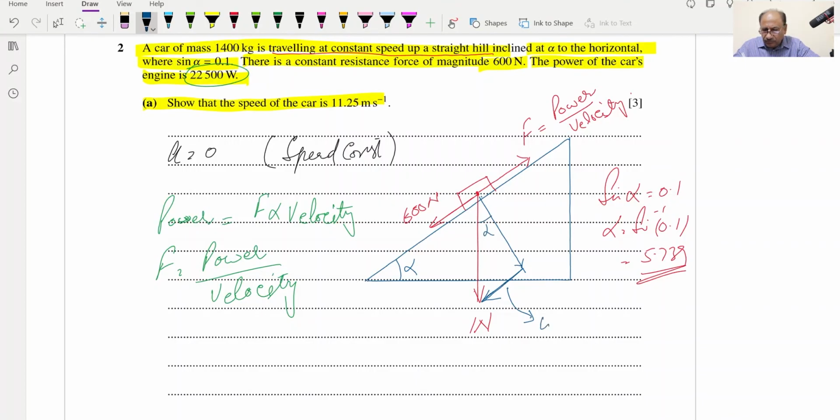So this will be W sine of alpha and this will be W cos of alpha, and this is what we have resolved.